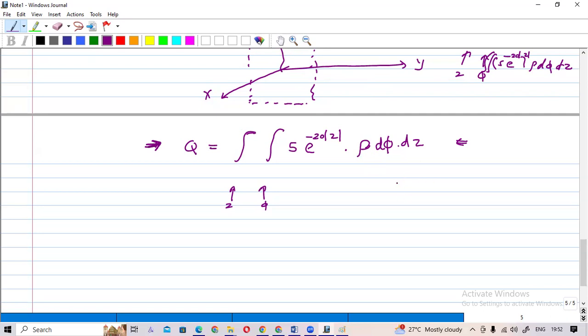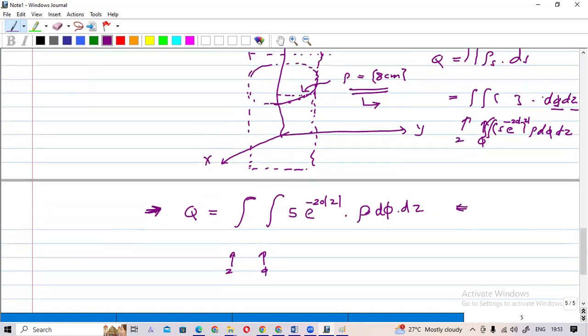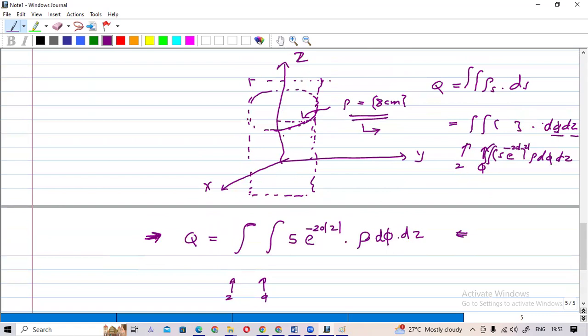Now after getting this, what is another challenge? To find the limits of this z and of this phi. Tell me, what is the phi limit?